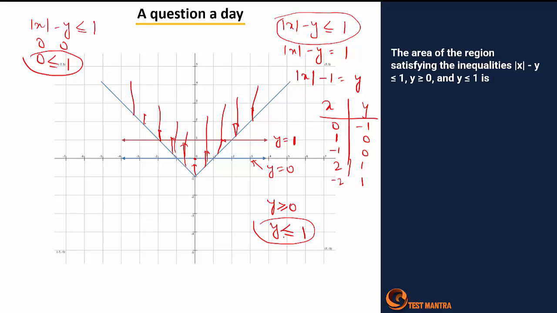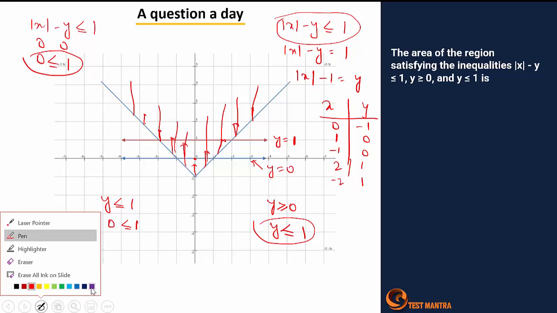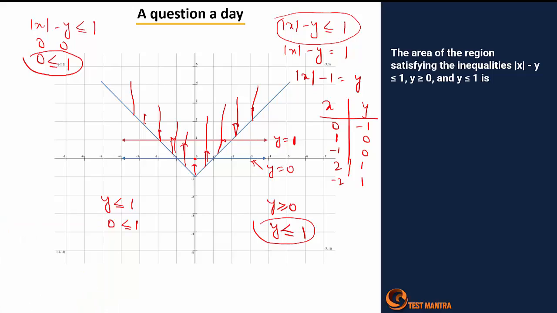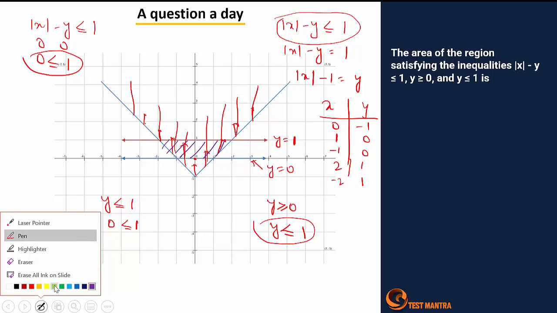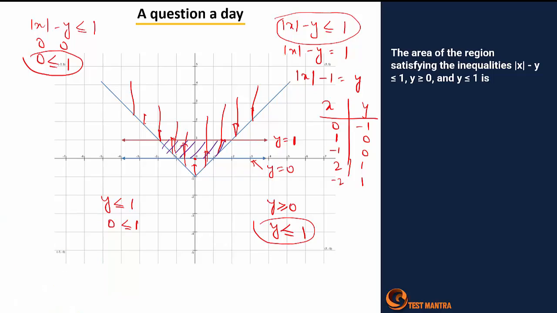Now again I'll apply a 0 test here. According to this, y is less than or equal to 1. If I put y as 0, 0 is less than or equal to 1, that means I have to move towards the 0 coordinate. So the region which satisfies my condition is from this line towards the 0 coordinate. Now y should be greater than or equal to 0, so I should move away from the 0 coordinate here.